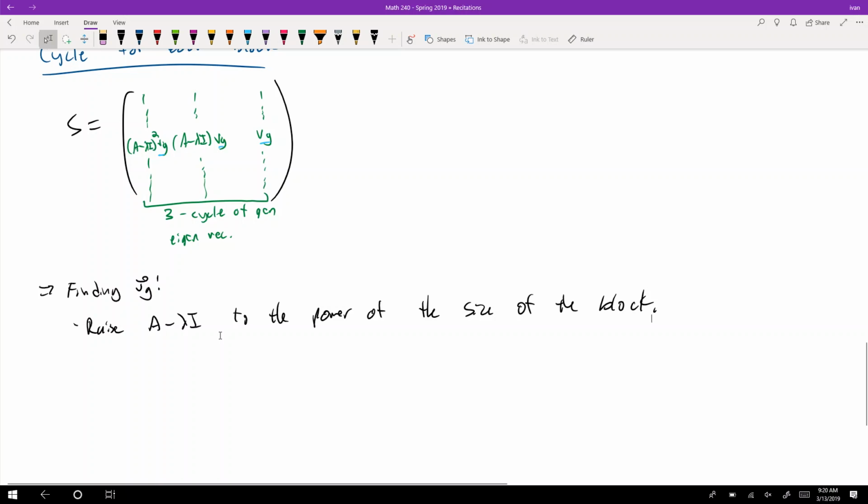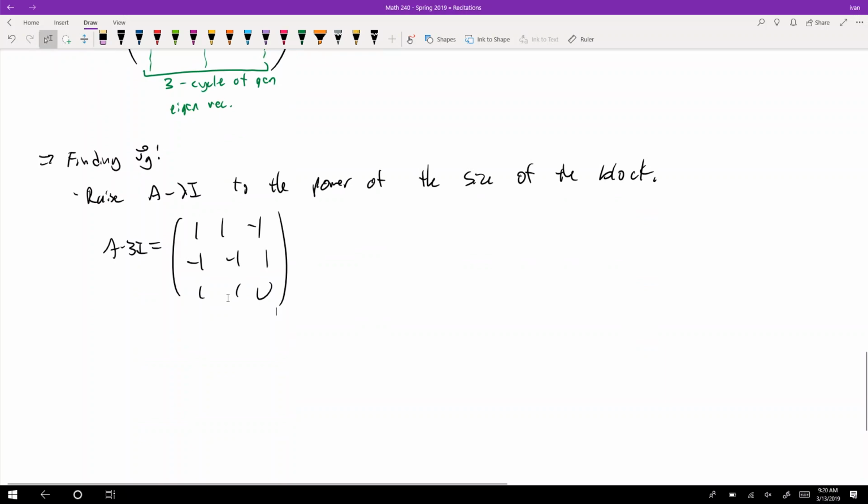In our case, A minus 3I was equal to 1, 1, negative 1, negative 1, negative 1, 1, 1, 1, 0. Now I need to raise it to the third power, because that's the size of my block. A minus 3I squared is going to be negative 1, negative 1, 0, 1, 1, 0, 0, 0, 0. That's just multiplying A minus 3I by itself, and this is the result that you get.